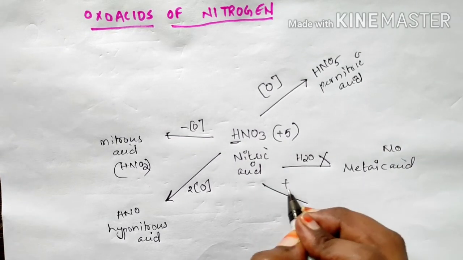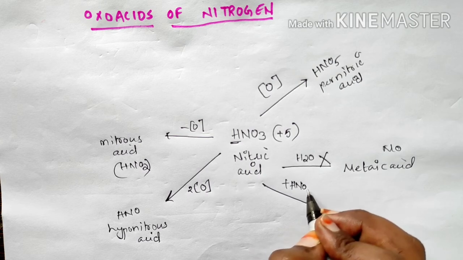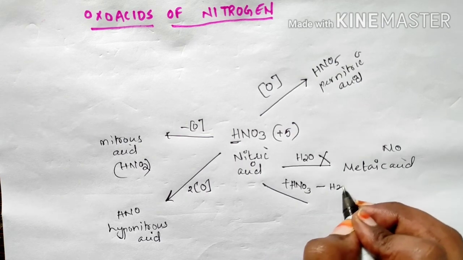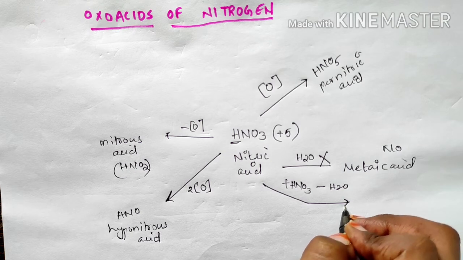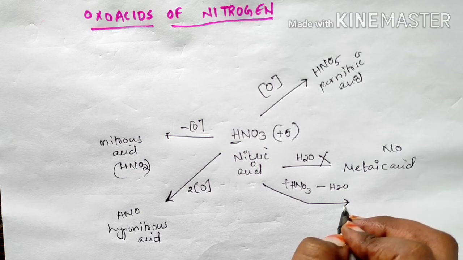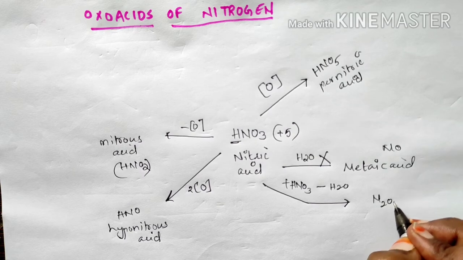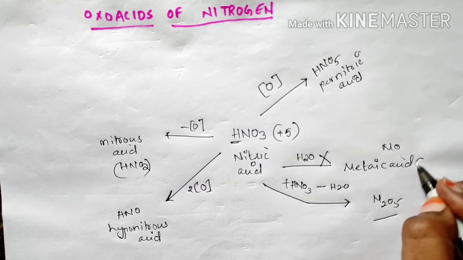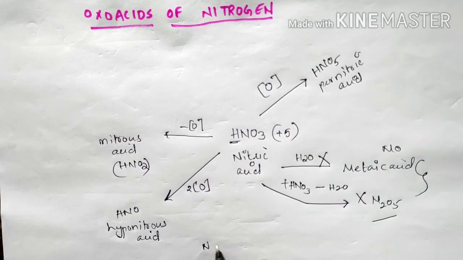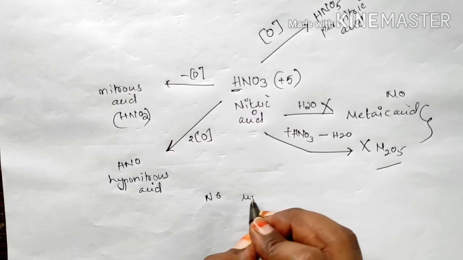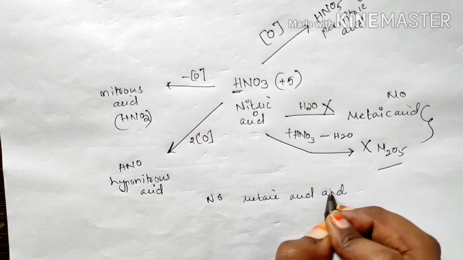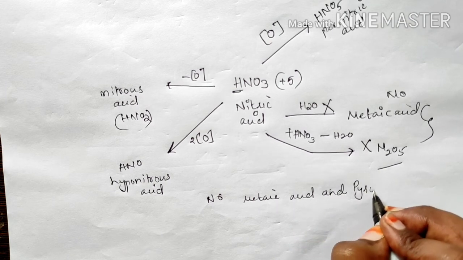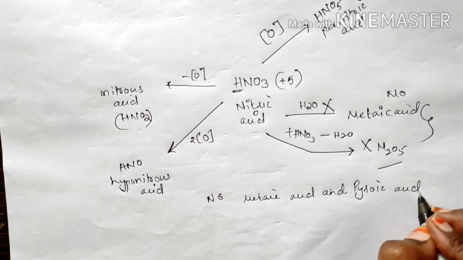And if you want to add H2O and remove a molecule of water, you will get pyrophosphoric acid in the case of phosphorus. But here you will never get it, because you will get N2O5, which is nitrogen pentoxide. So there is no meta acid and pyro acid in case of nitrogen.